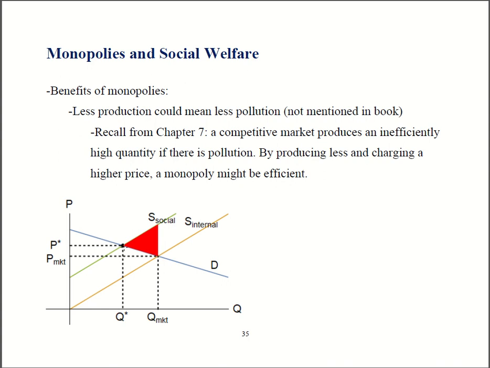The efficient outcome here involves charging a higher price and producing a lower quantity, and that is precisely what monopolists do. So monopolists can actually reduce social losses from pollution. Monopolists might actually be efficient if you consider the pollution aspect. So you might be surprised to hear this, but monopolists could actually be a good thing for the environment.